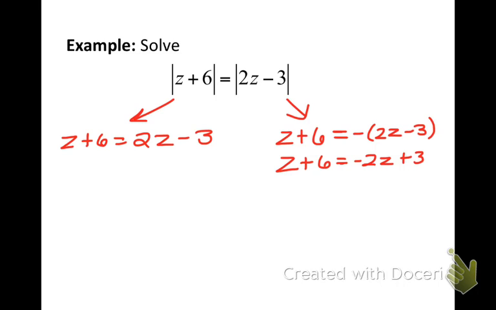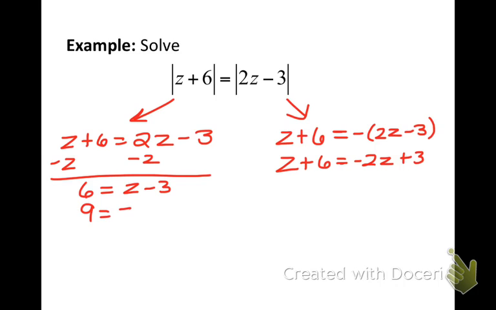All right, so hopefully you already have solved these by now. If not, let's do it. I get 6 is equal to z minus 3, so 9 is equal to z on the left. Adding 2z to both sides gets me 3z plus 6 equals 3, not negative 3, 3.